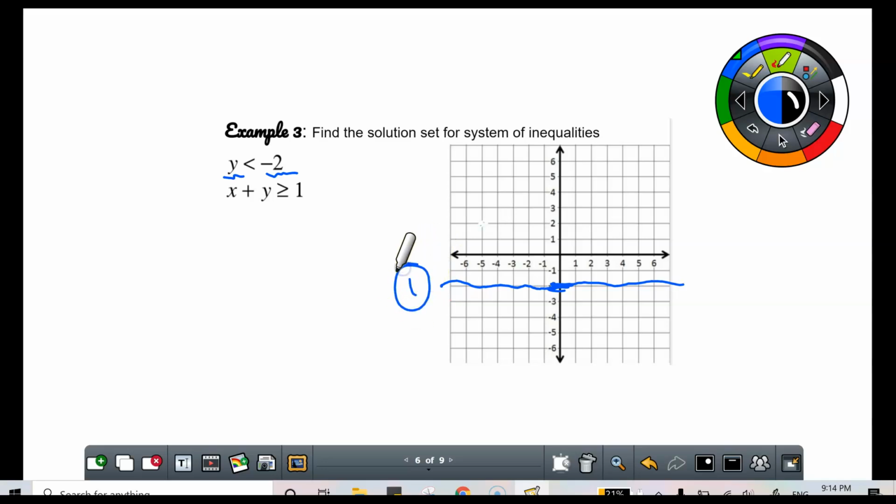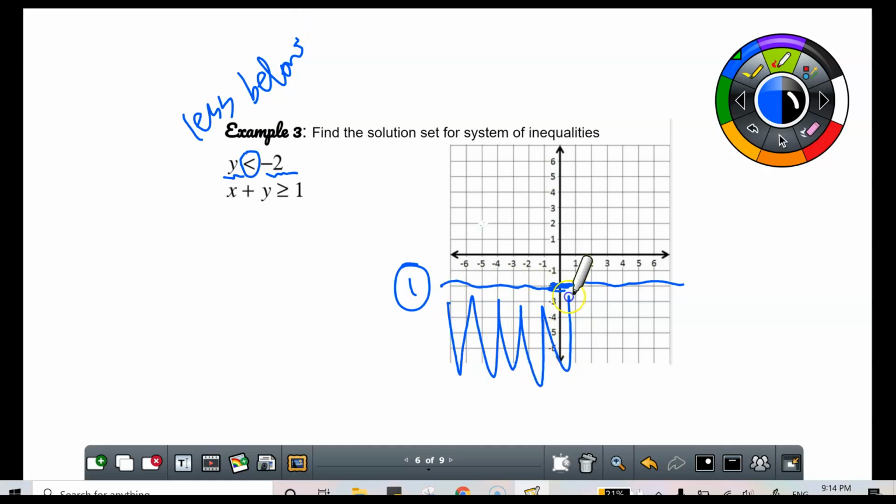This is your first line. Okay, and then look at the inequality symbol. It's less than. So we're going to shade below the line. So below the line is here, where the numbers -3, -4, -5 are smaller than -2, right? So this is your first shading of the first inequality. Now let's do the second one.